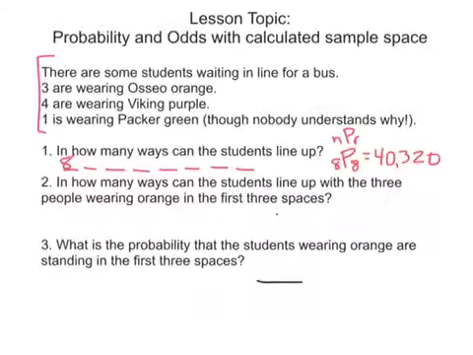Once that person's standing first in line, how many different people could be in the second spot? Well, that'd be 7. And then there'd be 6 left for the next spot, 5, 4, 3, 2, and 1. The fundamental counting principle says that we can multiply all of these together and get the total number of ways that the students can be lined up. Again, the answer is 40,320.